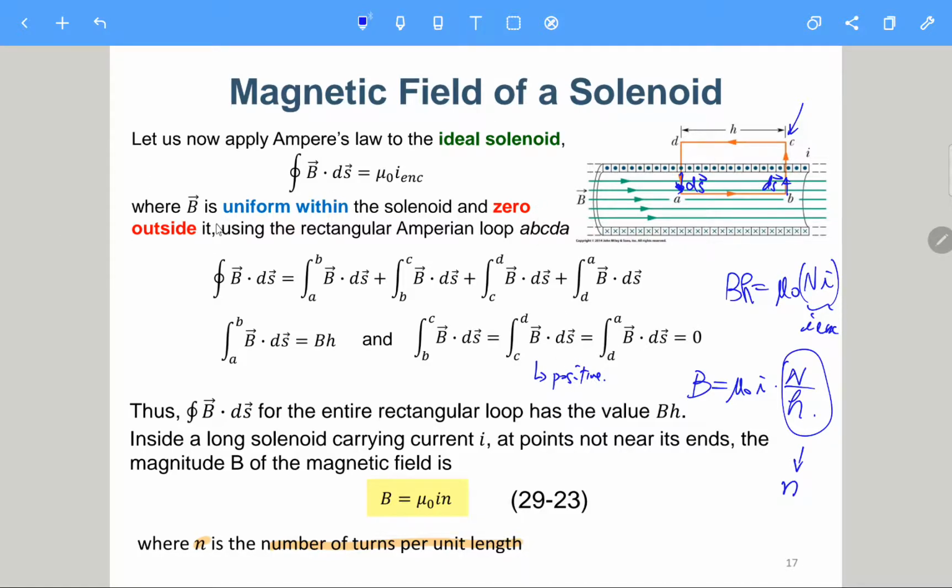Of course, we make this assumption because we don't really know how to calculate it. There is no closed form to make this expression compact enough, so we only make the assumption that the magnetic field is 0 outside the solenoid. But at least we know that this one should be positive and it will contribute something on the left side, which means this B will be slightly smaller than this value.